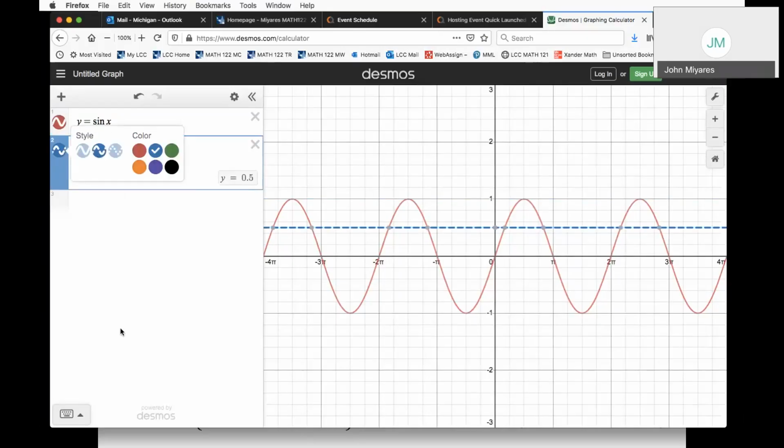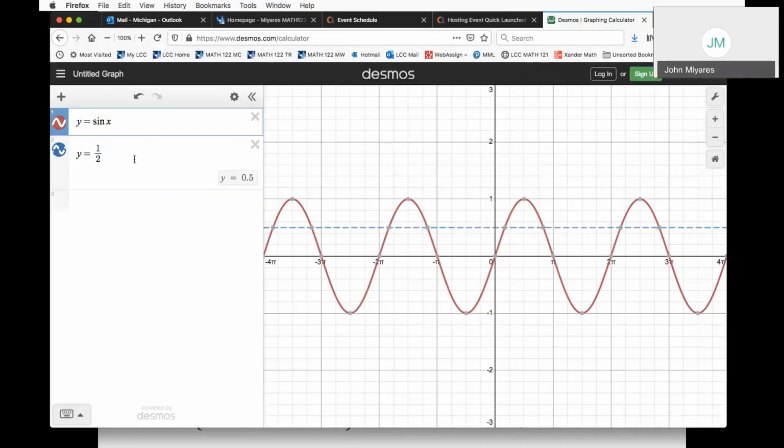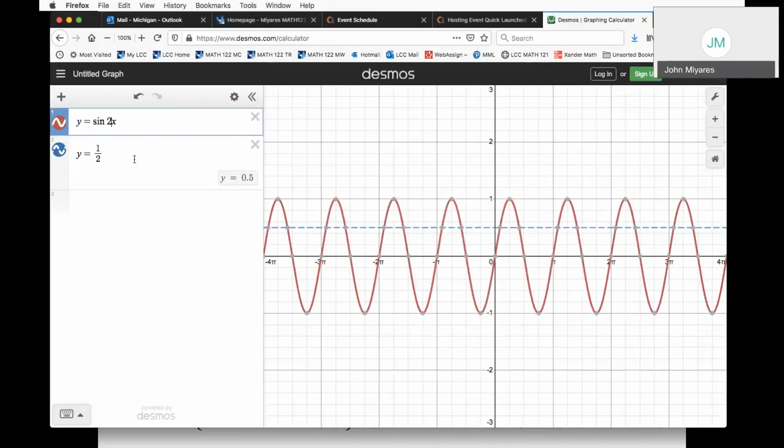I can see here that there are intersection points at pi over 6 comma 1/2 and 5 pi over 6 comma 1/2, and that those are the two places between 0 and 2 pi where the sine of x will equal 1/2.